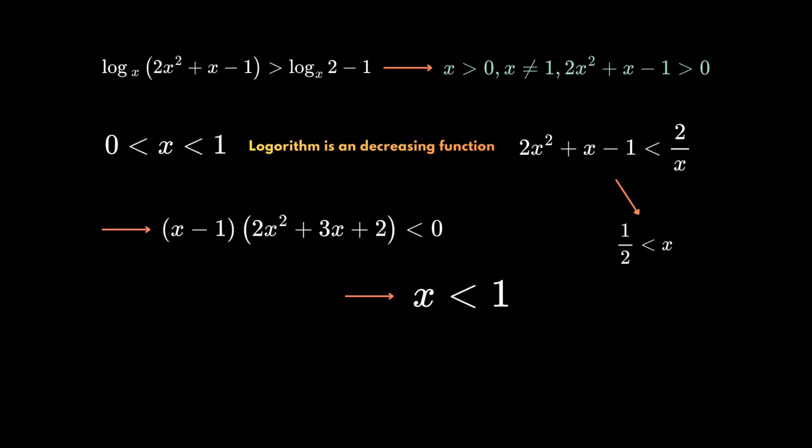And we already knew that x is greater than 1 over 2 as well. We solved this at the start of the problem because we said that x is going to be positive, x can't be 1, and 2x^2 + x - 1 is going to be greater than 0, and the solution for that is that x is going to be greater than 1 over 2. So this is actually going to be a union between these, as x is going to be between 1 and 1 over 2.